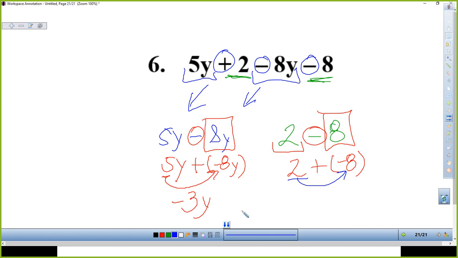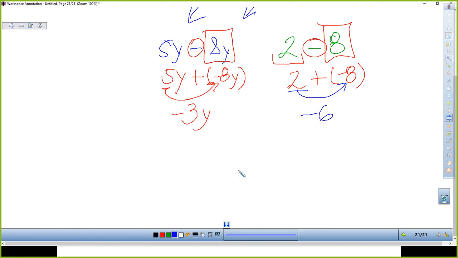So the answer is negative 3y plus negative 6.